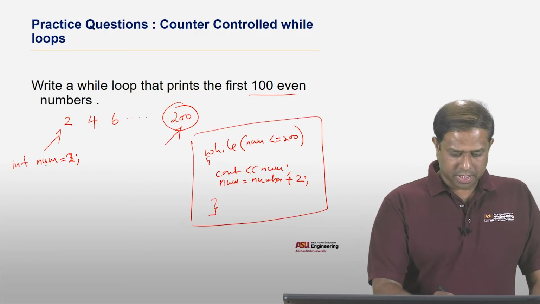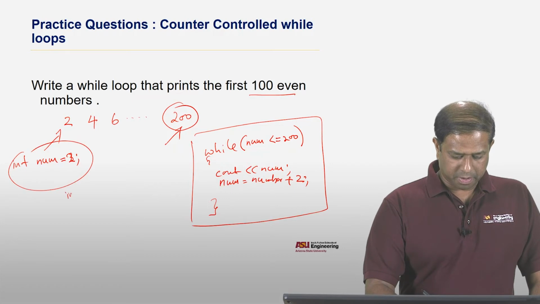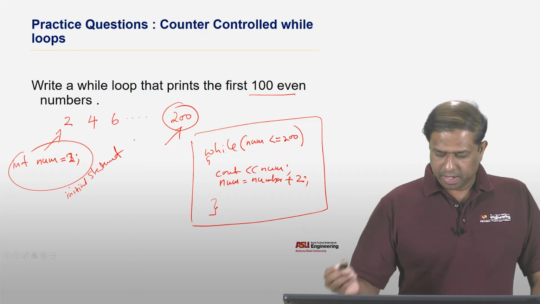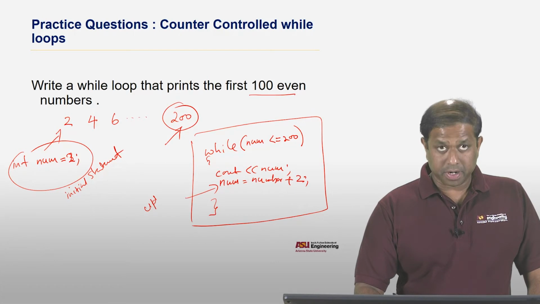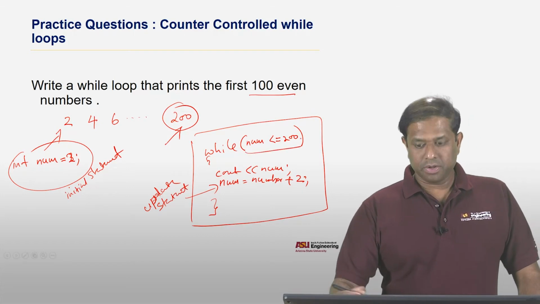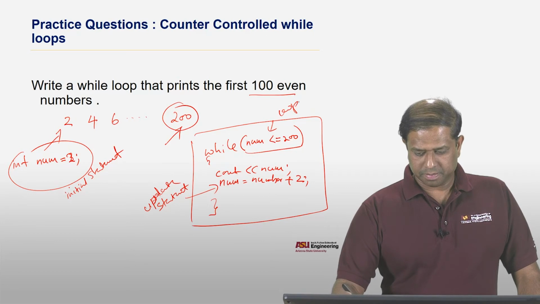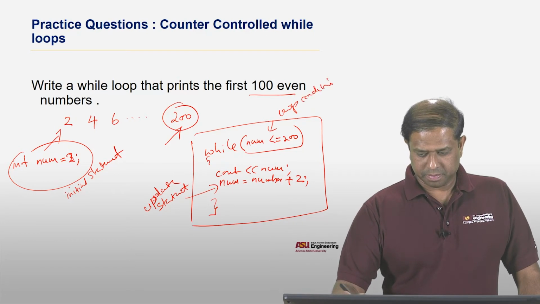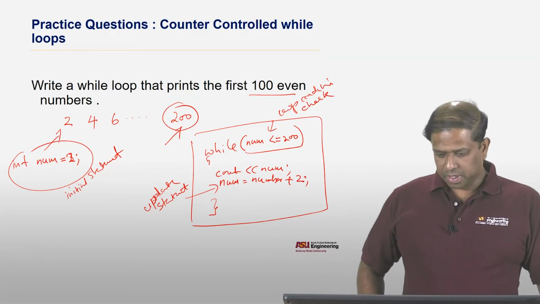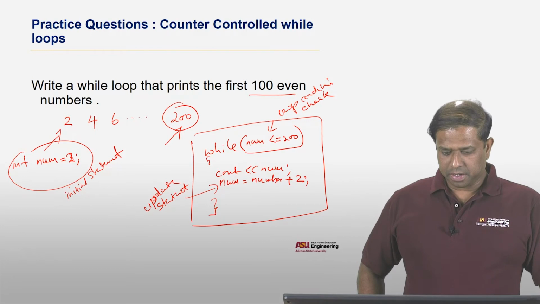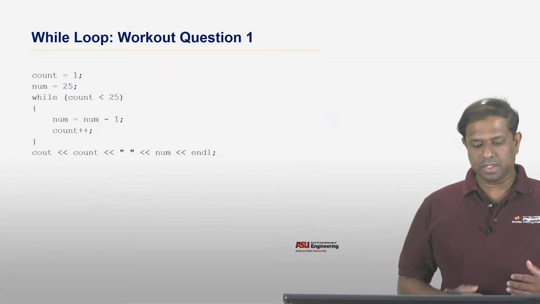Now in here, this is again the initial statement, and this is the update statement for the loop control variable, right, and this is the loop condition check. Right, pretty good.